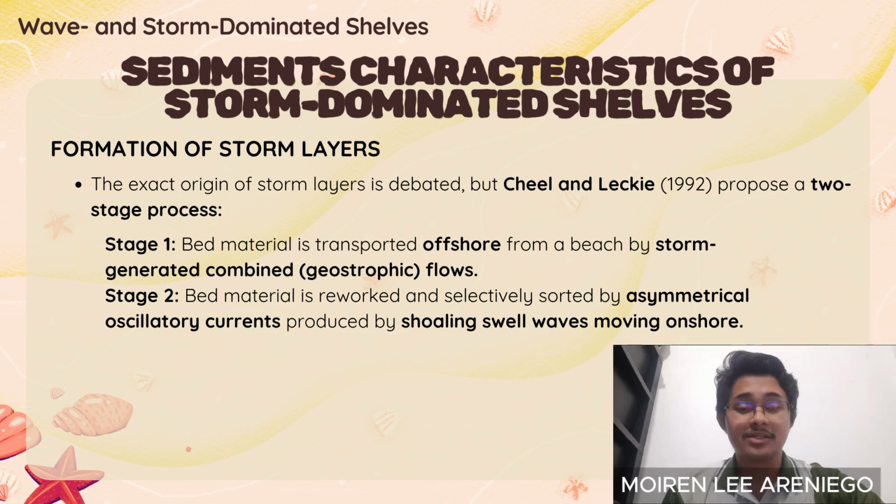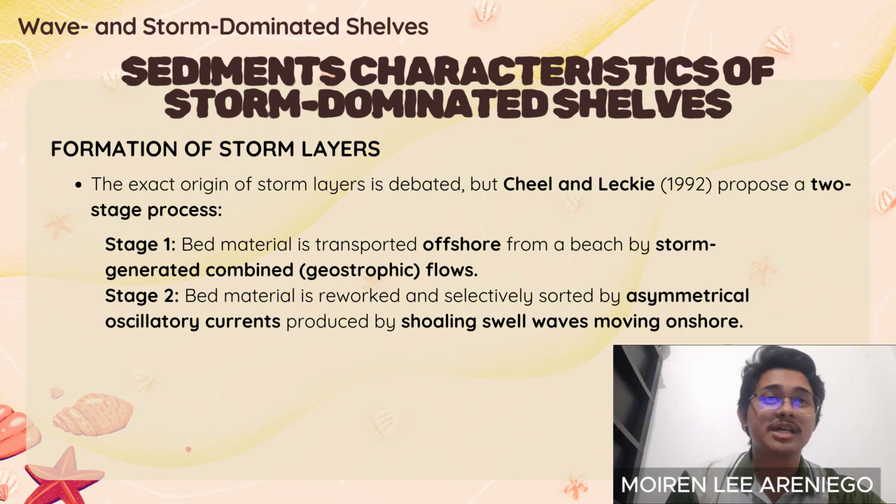So how are these storm layers formed? Though their exact origin is debatable, according to Chill and Leckie in 1992, storm layers form in two stages, as you can see in the presentation. The first one is the bed material is transported from a beach by offshore-directed or storm-generated flow combined with geostrophic flow.